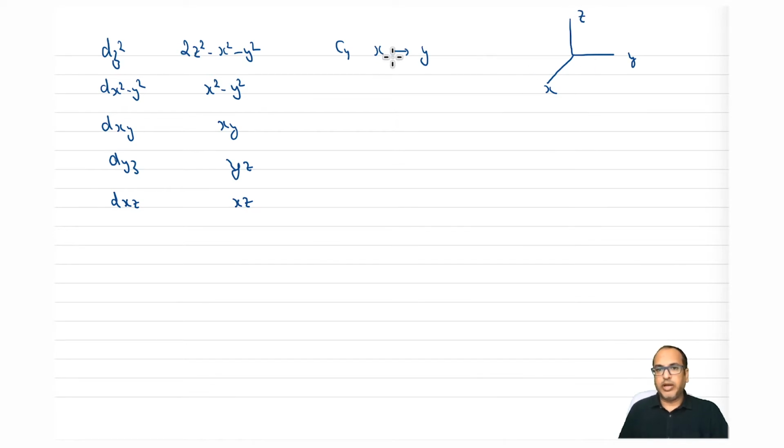So x goes to y upon doing C4, and then y goes to minus x, and z remains as z, right? Now if we want to see the effect of C4 onto, let's say, dz square, then we want to see basically what happens to this function, 2z square minus x square minus y square.